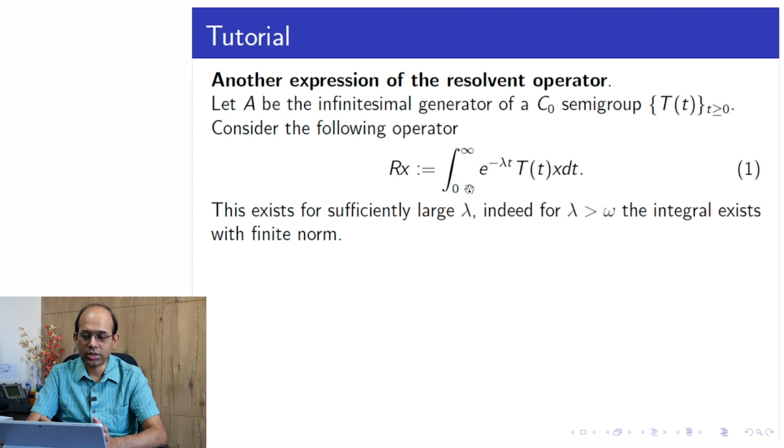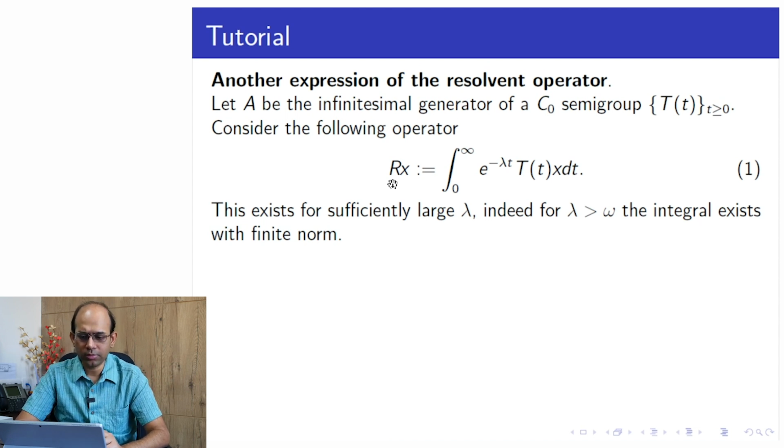So for sufficiently large lambda, that is lambda more than omega, this integration is finite. So this is well defined in the strong sense, in the absolute sense. Indeed, for lambda more than omega, the integral exists with finite norm.